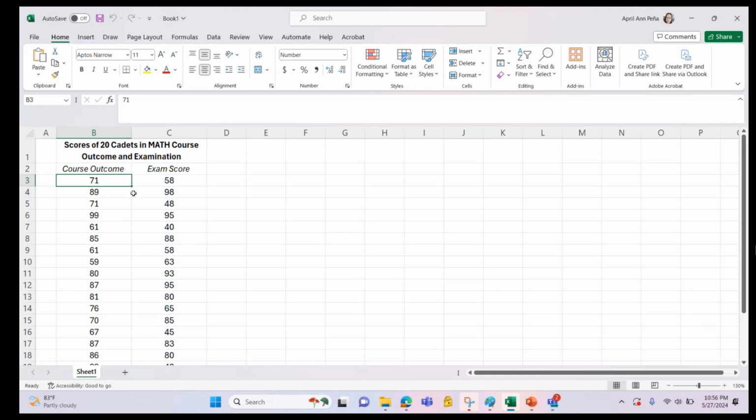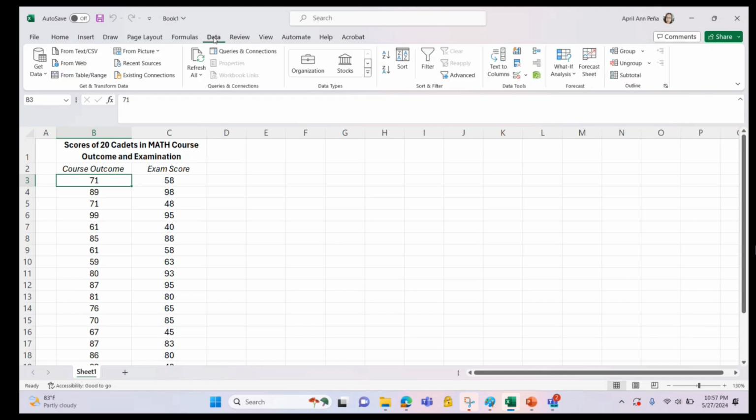Next, in Excel, you need to look at this upper portion here: home, insert, draw, page layout, formulas, data. You click on data, that is in between formulas and review.